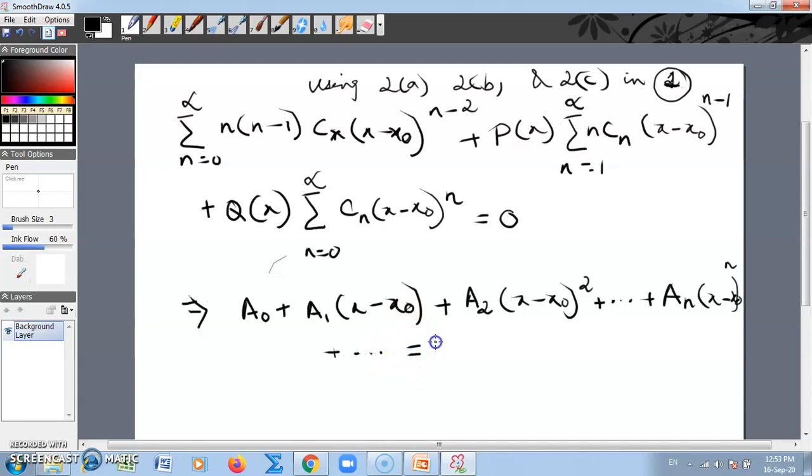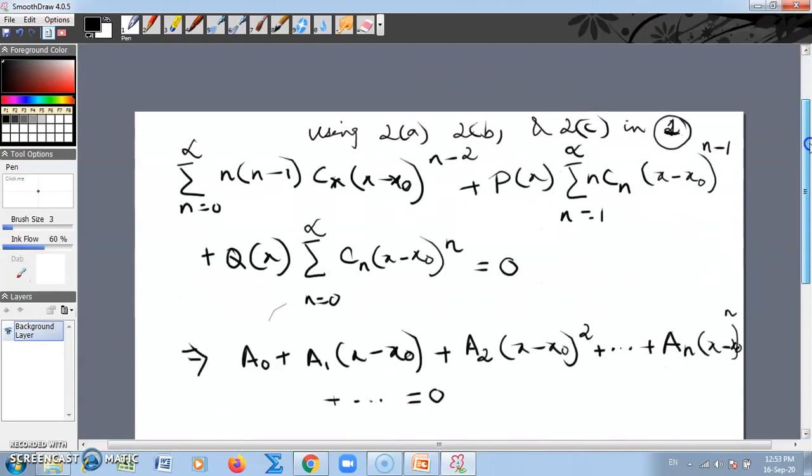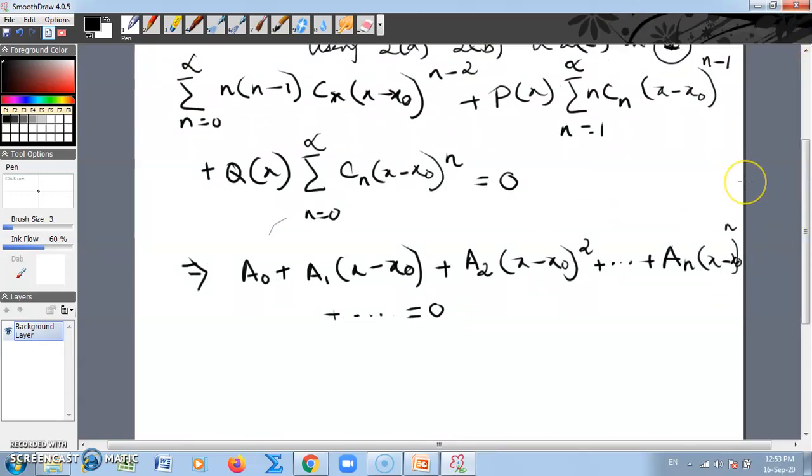Now you must be wondering, what are these a-naughts? What are these a's? We never had an a here. Actually, these are just some constants which are formed with the coefficients c1, c2, c3.